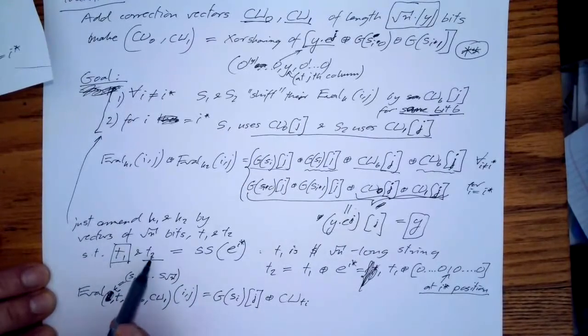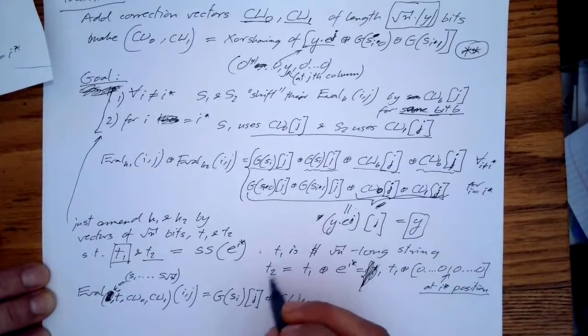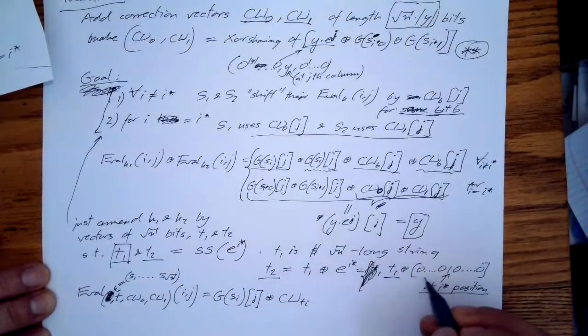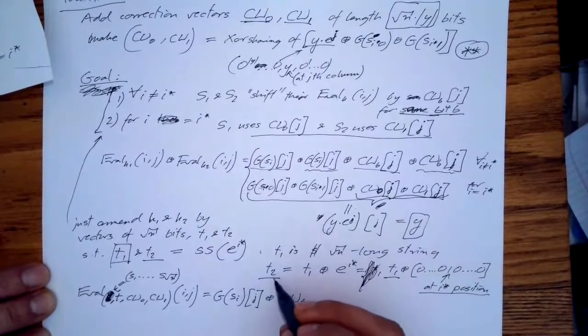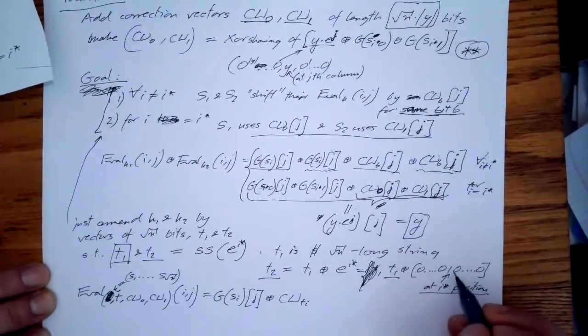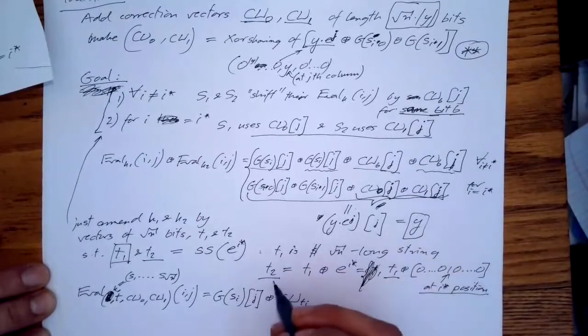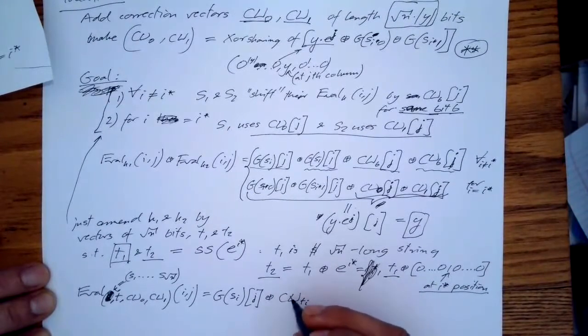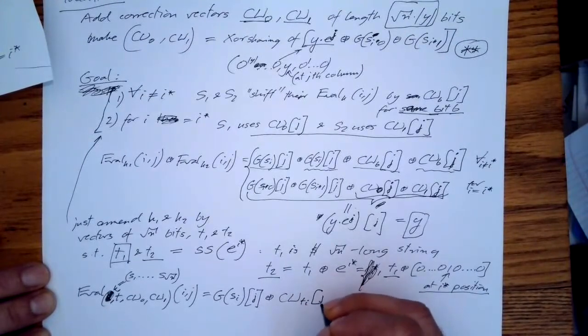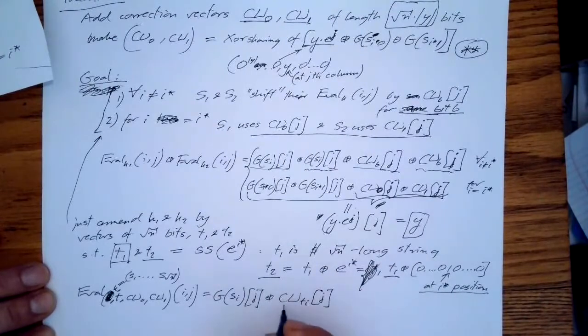Because these bits are formed so that at every position except I star, the bits of here and the bits of there are the same. The only place where T1 and T2 differ is I star. Otherwise, they are random bits, but they're the same bits. So S1 will take the same CW vector as S2. And both of them take the jth chunk of this correction vector.